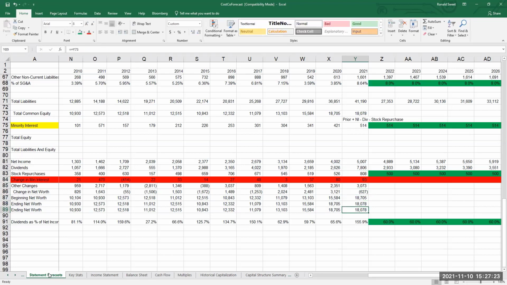Okay, so sometimes you just have to adjust. All right. So here's the scary part. We know our change in minority interest is going to be 0, I think. We'll see.